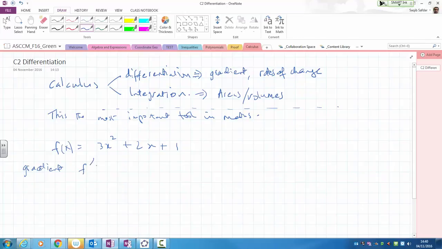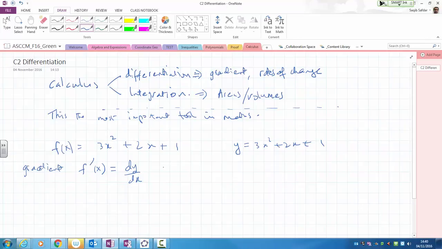I can either write f prime x, or I can write this as dy over dx. If I use the y notation, then use dy over dx. If you've been given the f(x) notation, then use f prime x.